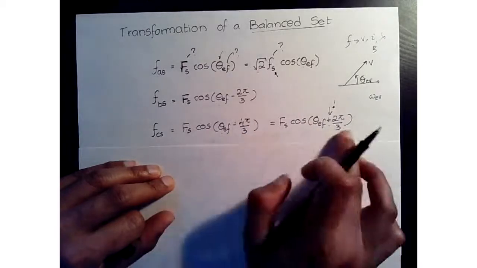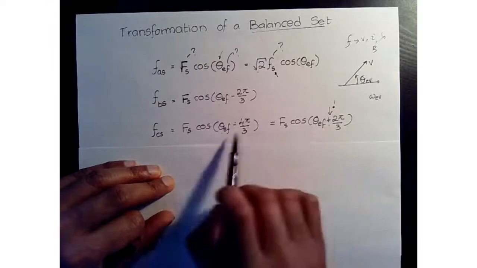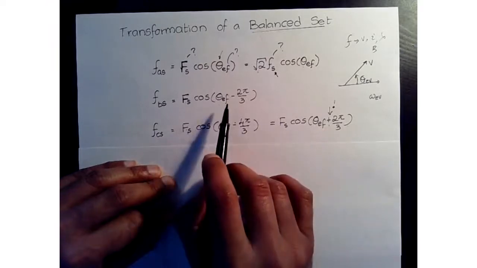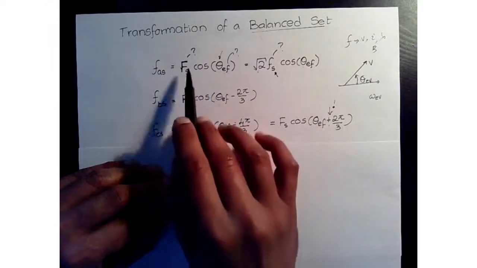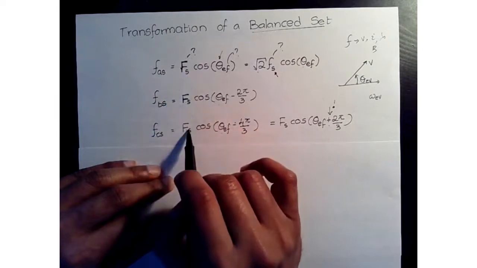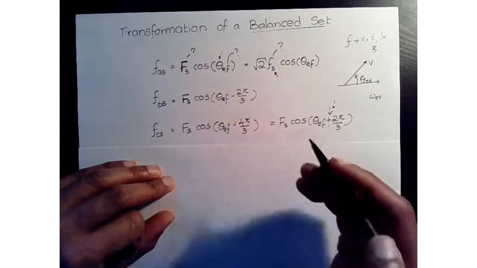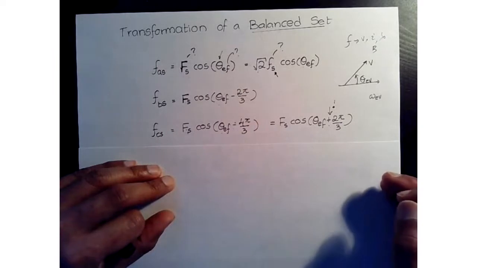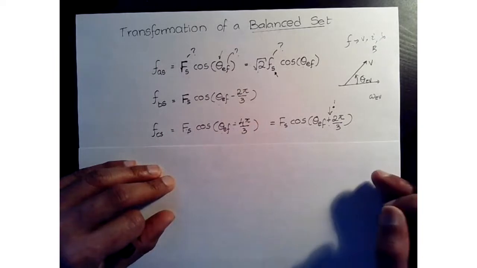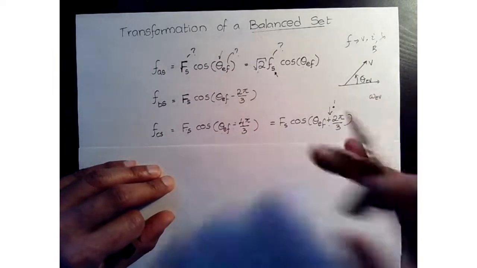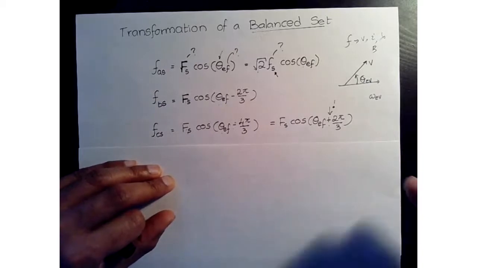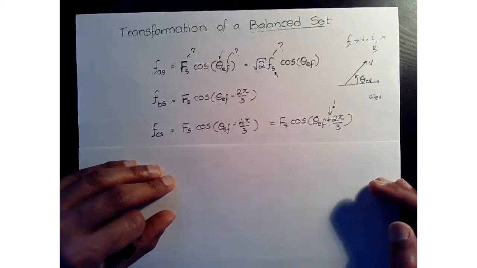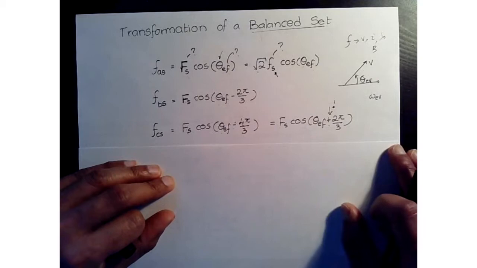I hope you understand that. They mean the same thing, and they are cosines with the same amplitude, out of phase by 120 degrees. So that is what we call a balanced set. Okay, you deviate from that, then your results are going to deviate from what you expect it to be.